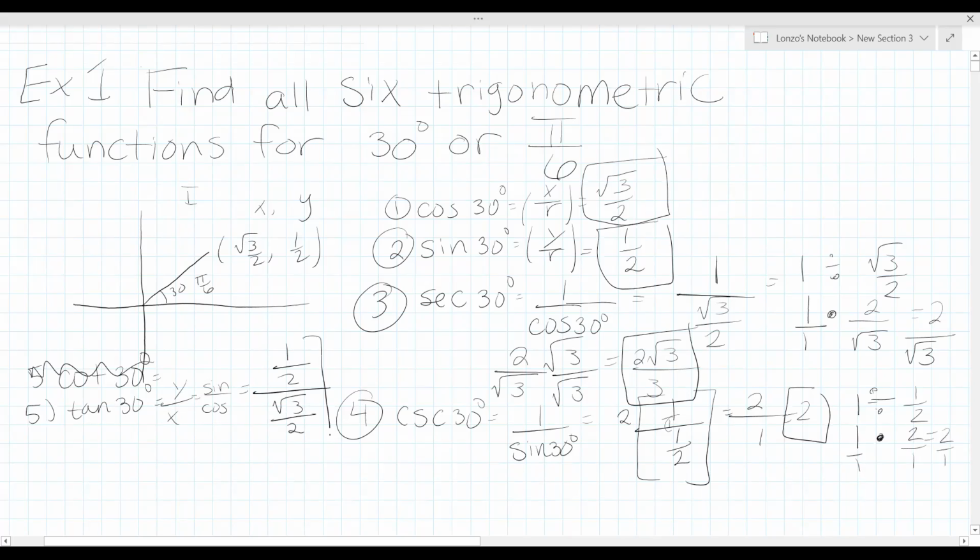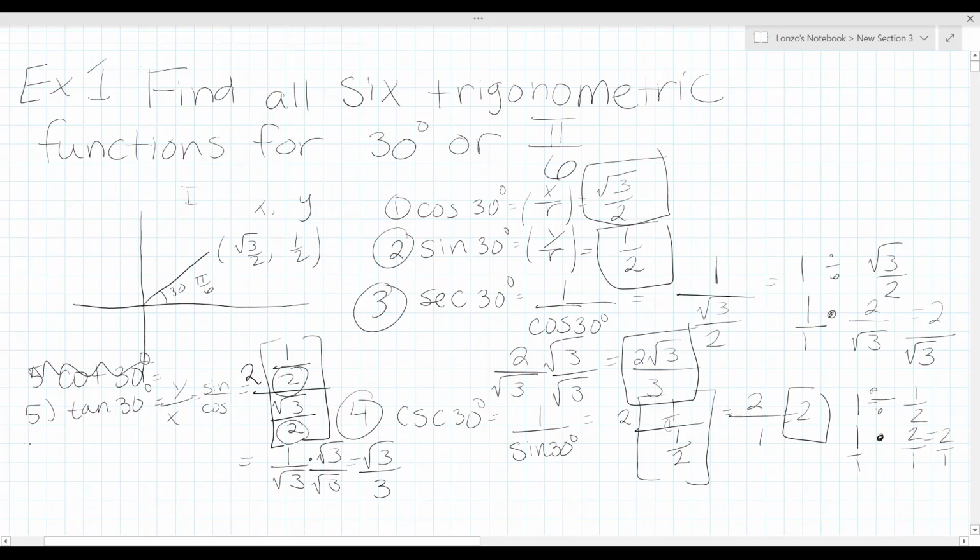So I'm going to solve this by doing the bracket way. So over here we have a denominator 2. Over here we have a denominator 2, so my common denominator is 2. So 2 times 1/2 is just 1. And then 2 times radical 3 over 2, that's radical 3. So multiply top and bottom by radical 3. So you get radical 3 over 3. Okay. So that is tangent of 30.